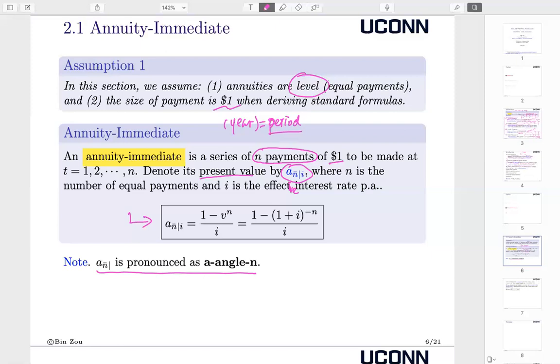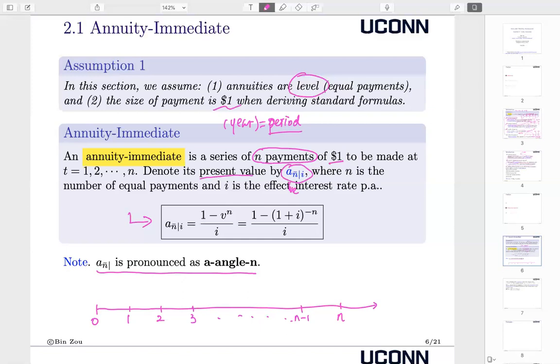So first, let me draw a graph to help you understand what's going on. 0, 1, 2, 3, all the way to n minus 1 and n. By the way, when I draw the timeline, 1 means the end of year 1, or the end of period 1. 2 means the end of year 2. 3 is the end of year 3.